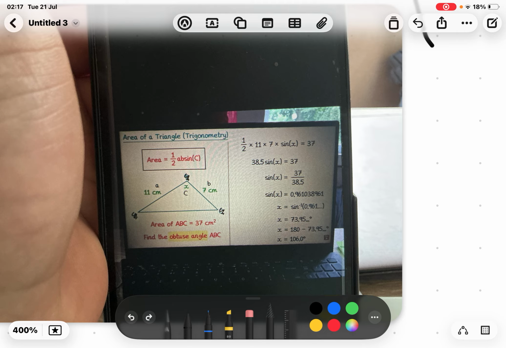So what does it mean when it says find the obtuse angle of ABC? If you're told find the obtuse angle ABC, that means angle at point B is the one you're checking. So you're looking for the angle between lines BA and BC. And you need the obtuse one specifically.